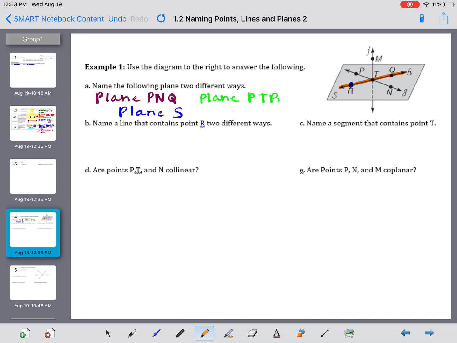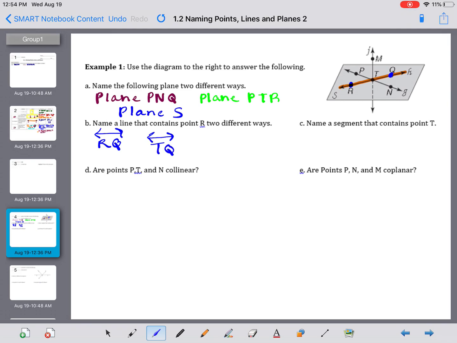Well, you can pick any 2 points that are on that line. I'm going to pick R. And then another point that's sitting on that orange line, I'm going to say Q. You could have said TQ. That's totally fine.